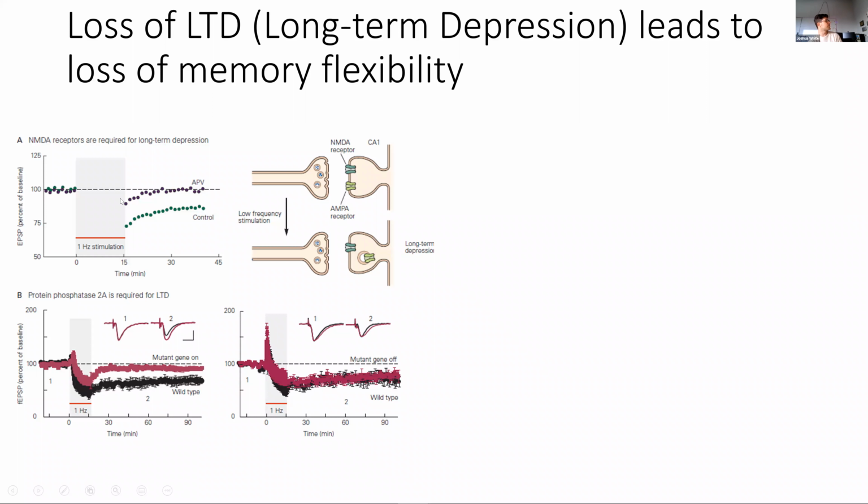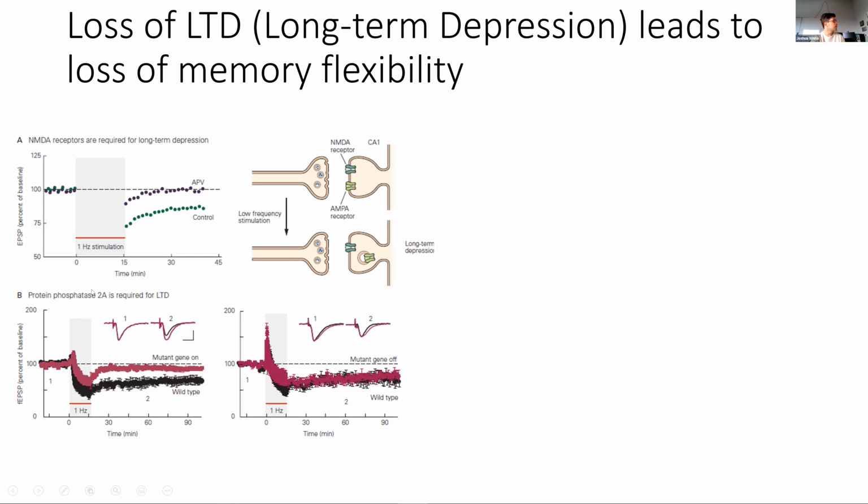So here, for instance, you can do the same thing. You can actually mediate it also through the NMDA receptor. But if you stimulate at a very low frequency, you can actually induce the endocytosis, or the removal from the membrane of AMPA receptors, and actually turn down a connection.